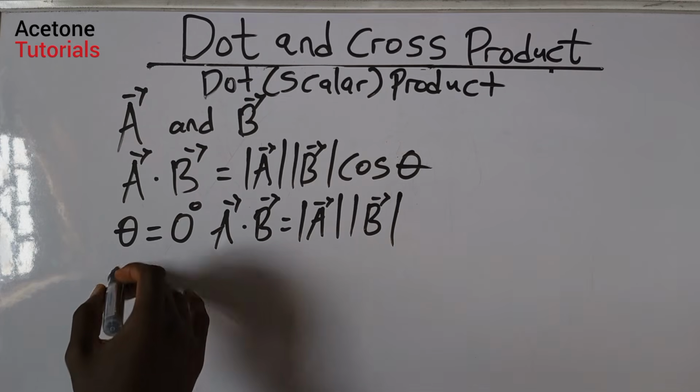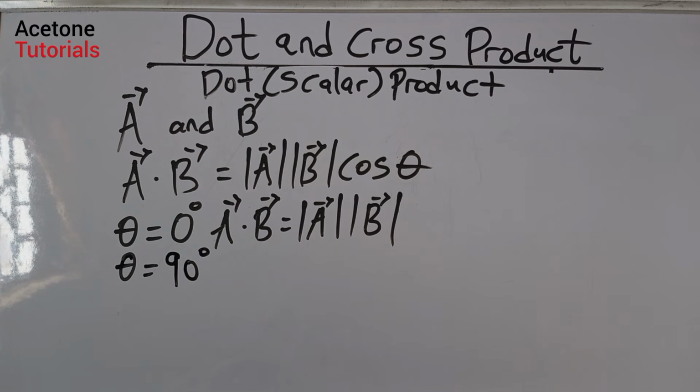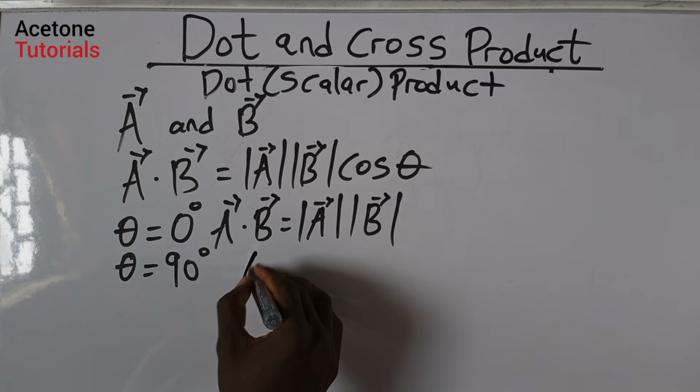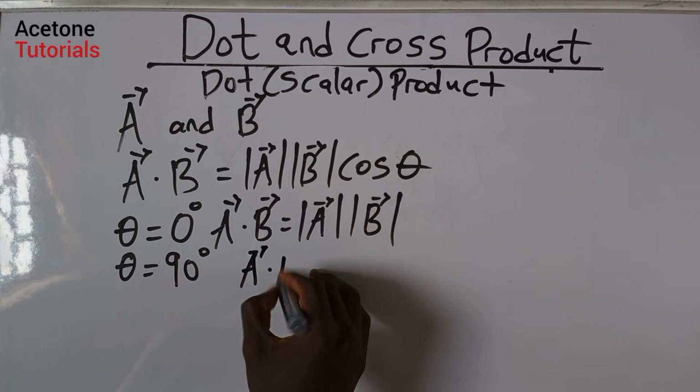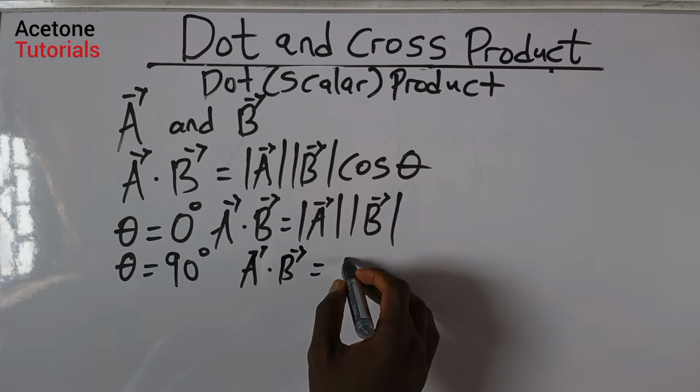Now, when theta is equal to 90 degrees, it means vector A is perpendicular to vector B. Cos 90 is 0. So we have A dot B equals 0 times the whole of this, which is 0.